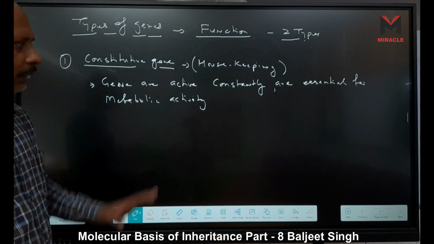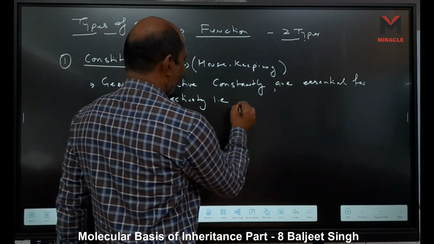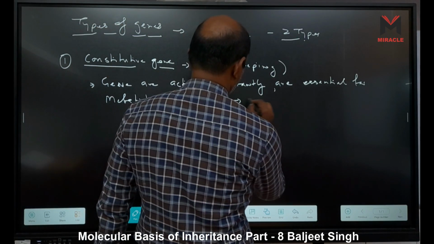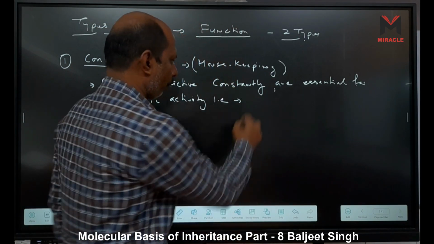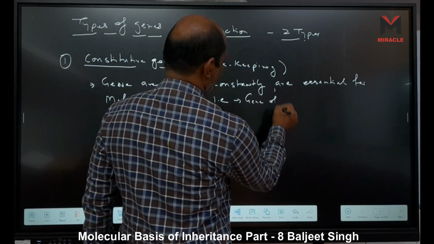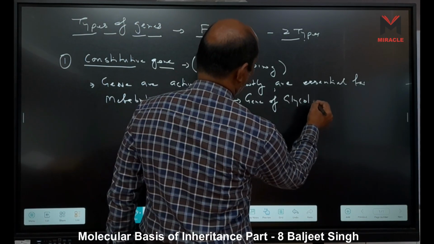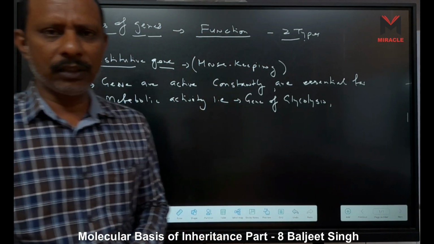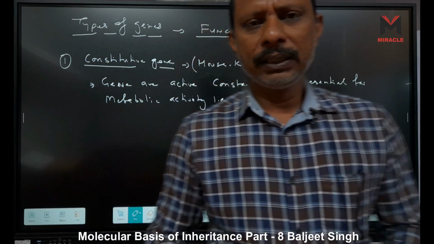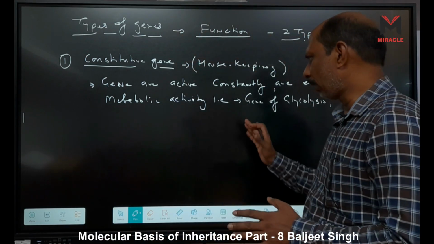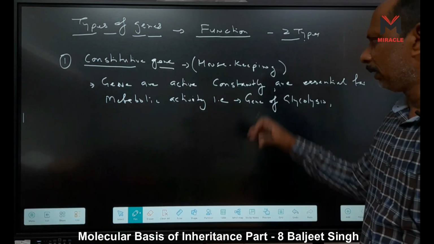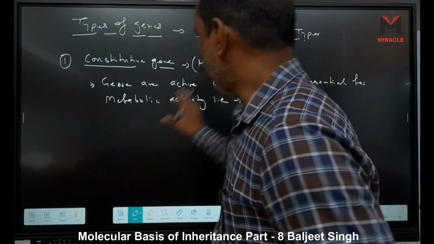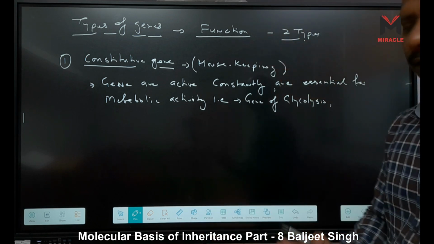Metabolic activity is essential, as for example, the genes of glycolysis. In glycolysis, different types of enzymes are required. These enzymes are produced by specific DNA, and these DNA work continuously, no stop is there, right?